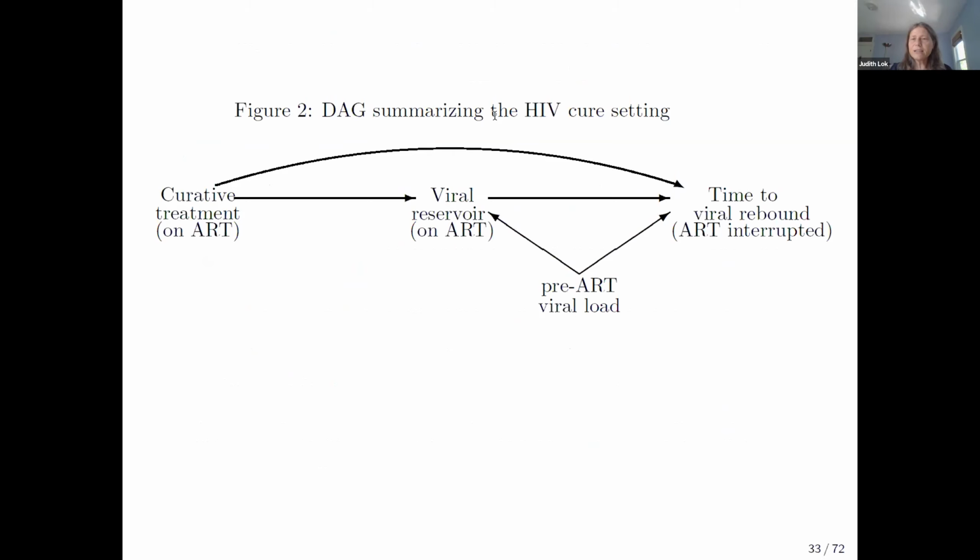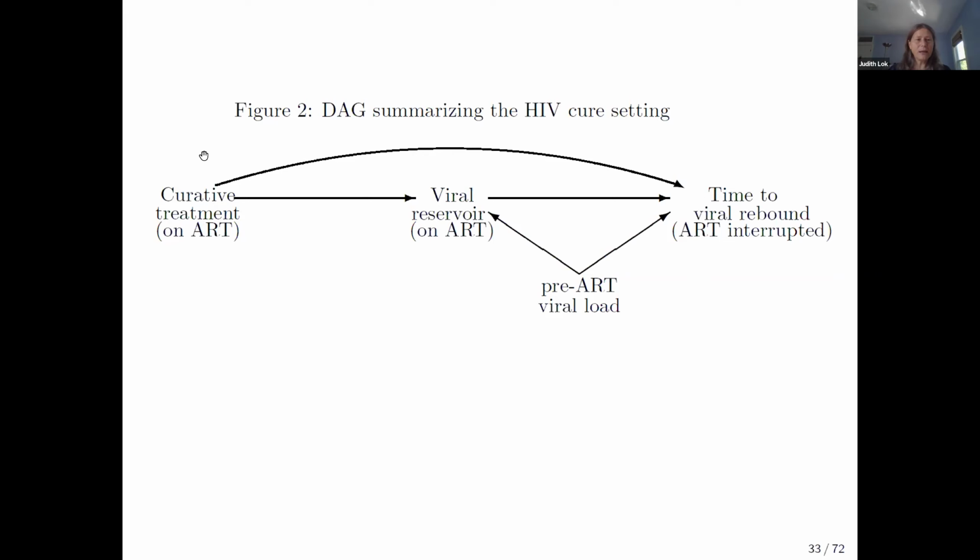So I will not present the details of my HIV application, but I will present the main ideas. This is the HIV cure setting that I have been studying. I have been studying the effect of curative treatments on the time to viral rebound. And especially, I have forgotten about this arrow here because I cannot estimate it.